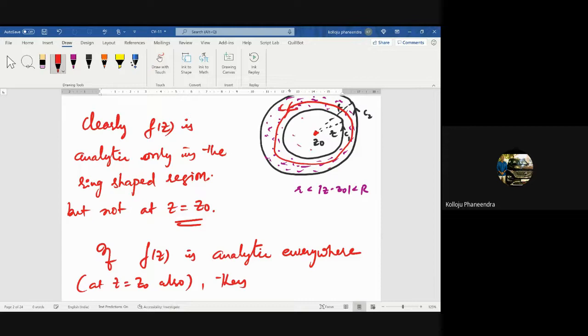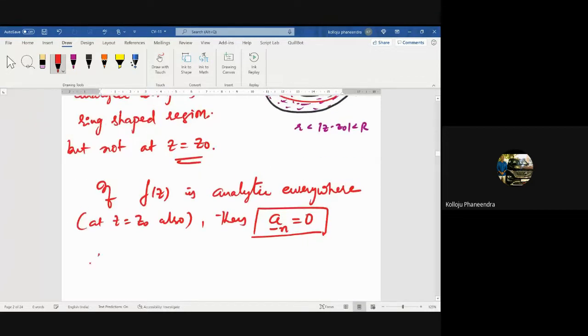It is analytic everywhere, and then a_minus_n will be 0. Therefore Laurent series becomes what? Laurent series becomes Taylor series. Only positive powers are there in the series. This is one important point.